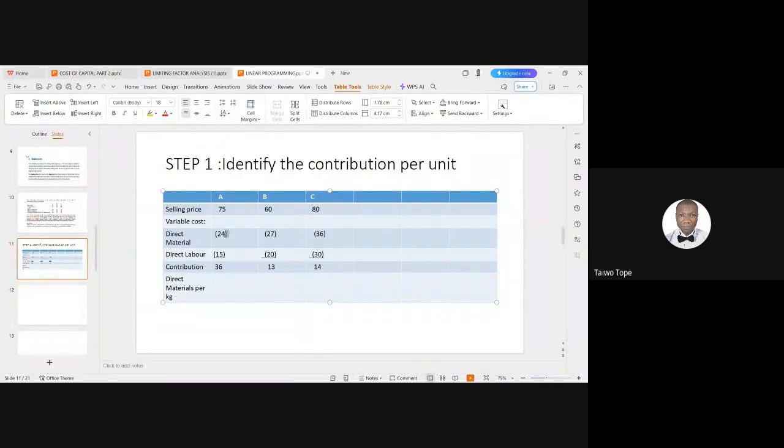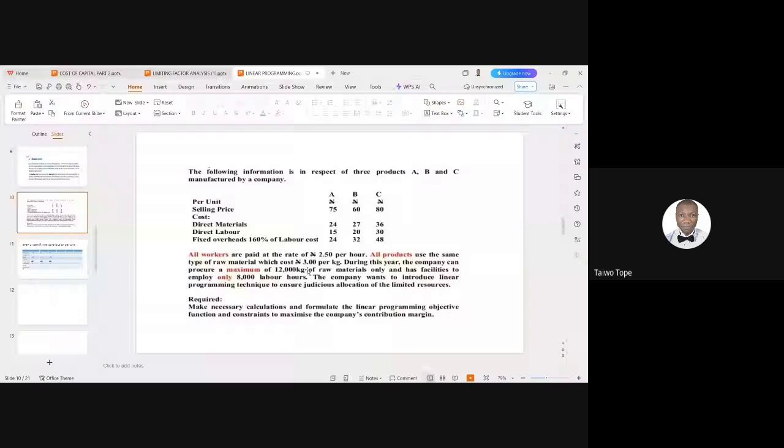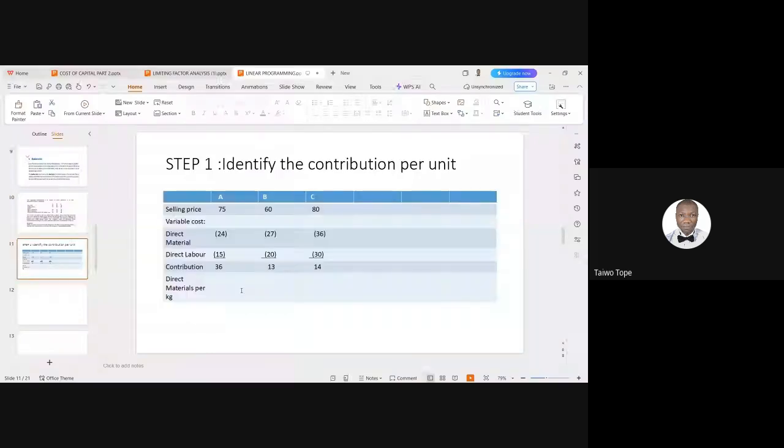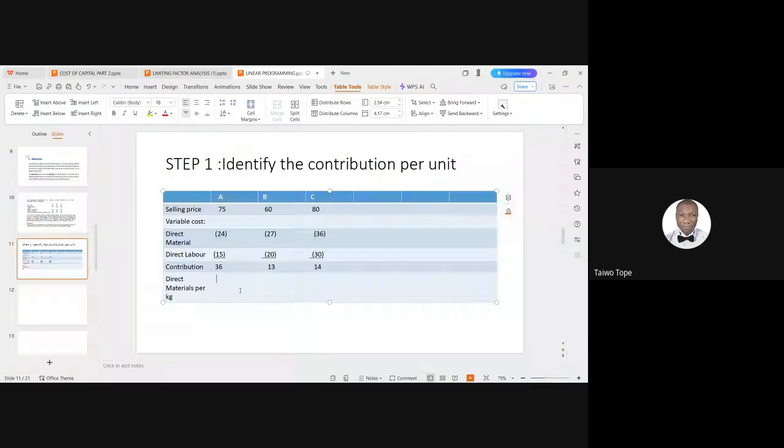If you incur this to buy direct material to produce A, and 1 unit of direct material, according to the question, is 3 naira per kg, how much quantity of direct material have you purchased? 24 divided by 3 will give you 8 kg. For this, 27 divided by 3, you have 9 kg. And for this, 36 divided by 3, you have 12 kg.